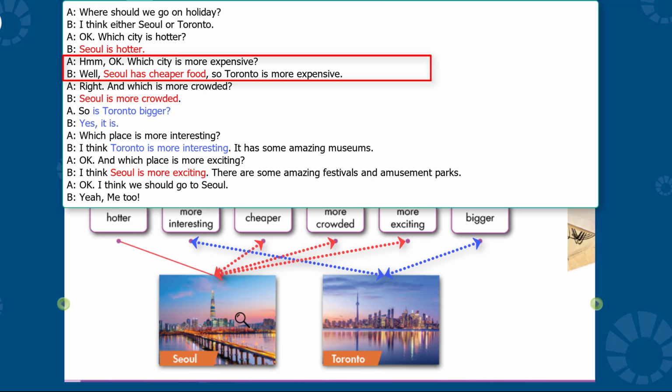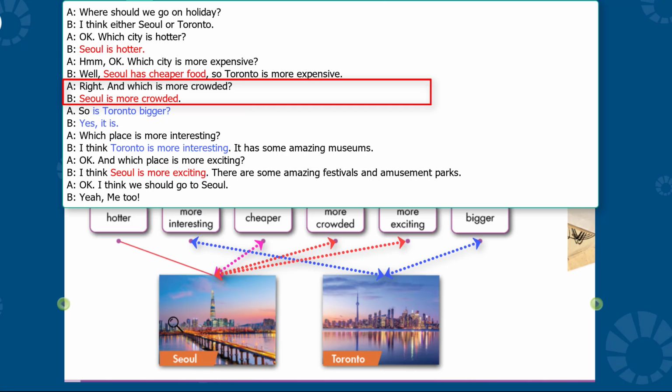Okay. Which city is more expensive? Vậy thành phố nào thì đắt đỏ hơn? Well, Seoul has cheaper food, so Toronto is more expensive. Seoul has cheaper food. Như vậy là Seoul thì có đồ ăn rẻ hơn. So we draw line cheaper to Seoul, right?